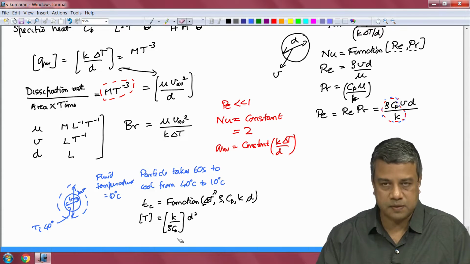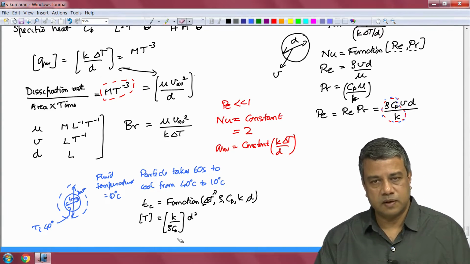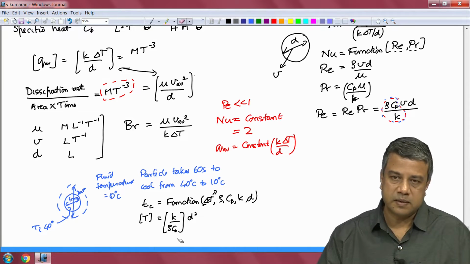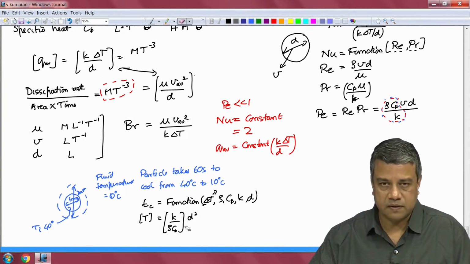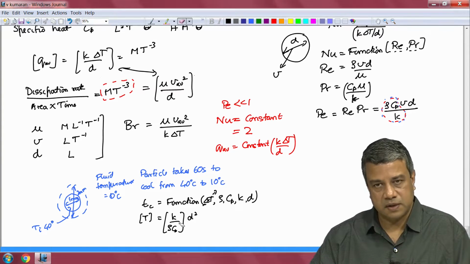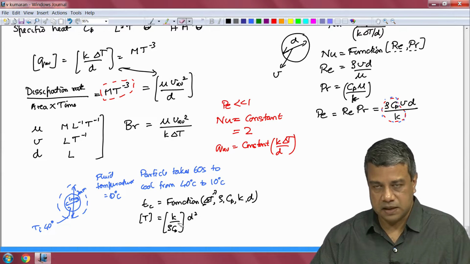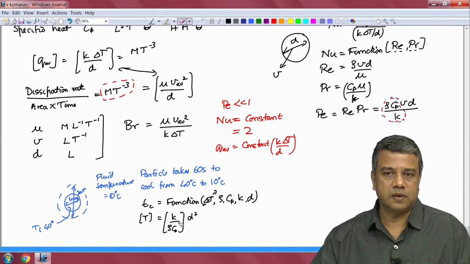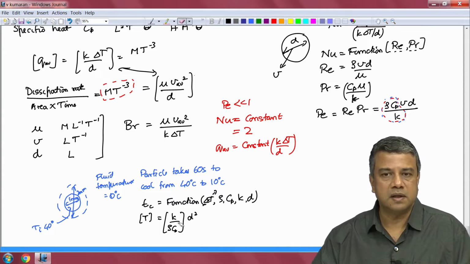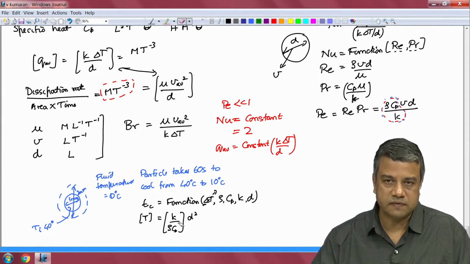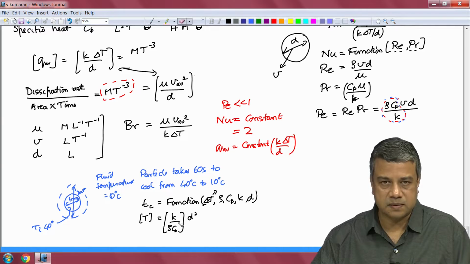So, this is an example where you can use simple dimensional analysis, do the experiment for a model system, and then use dimensional analysis to actually get the value of the time required for a real system. Because we know that just from dimensional analysis, if the Peclet number is small, then convection is no longer important. The time required for cooling can depend only upon the thermal properties, the density, specific heat, conductivity and the diameter. So, this is a simple example.